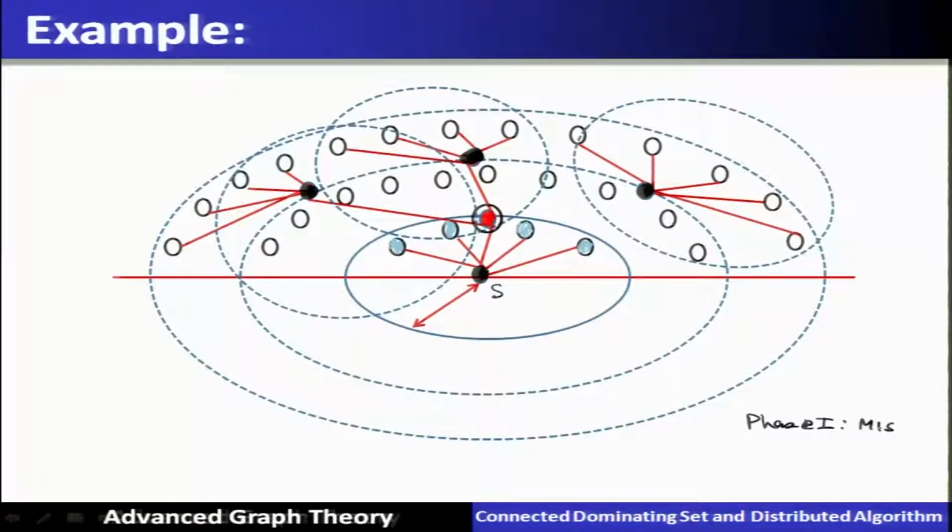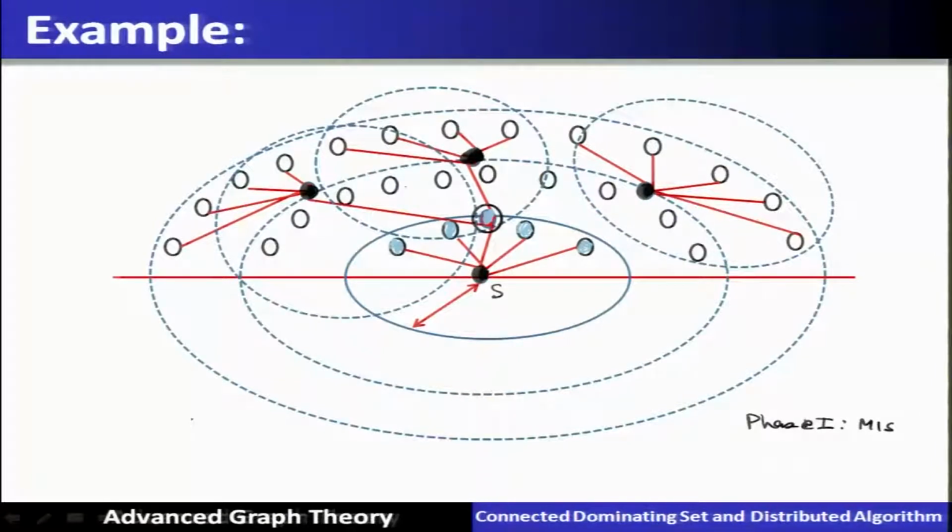Now in phase 2, when there is no white node left, phase 2 will begin. Phase 2 will be initiated by the gray nodes. Gray nodes will inform how many black neighbors they have. For example, this is a gray node which has 1, 2, 3 different black nodes in its neighborhood.